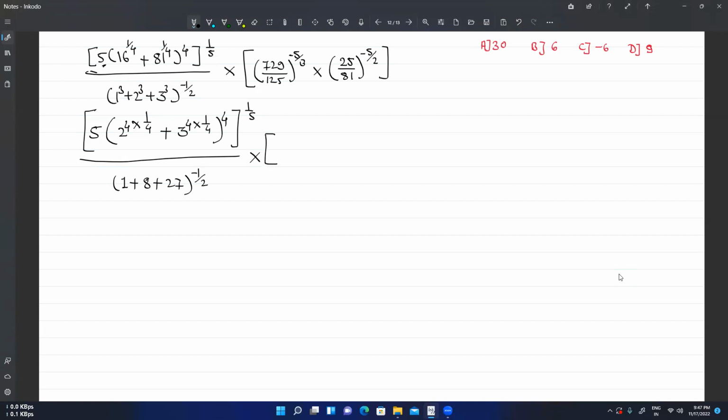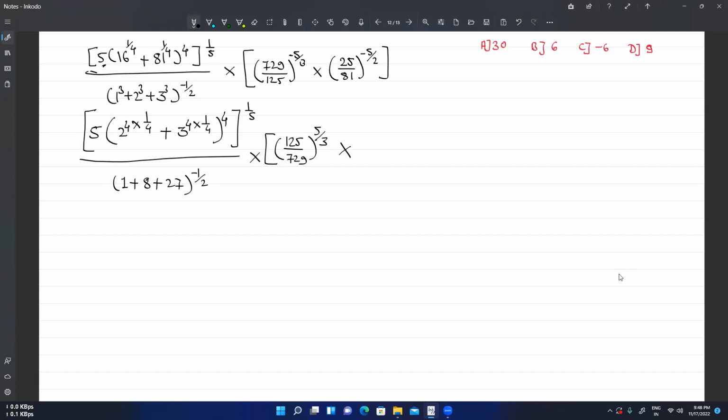So this 729 upon 125 will turn into 125 upon 729, and the index will turn into positive 5 upon 3.